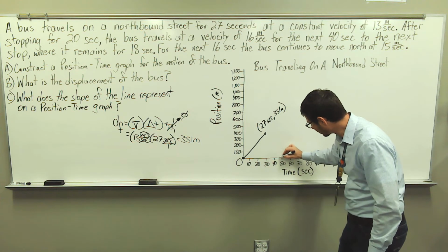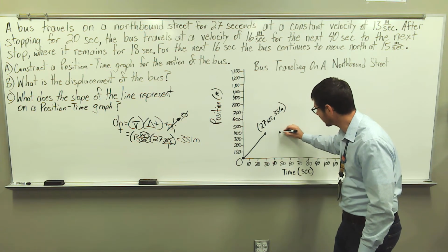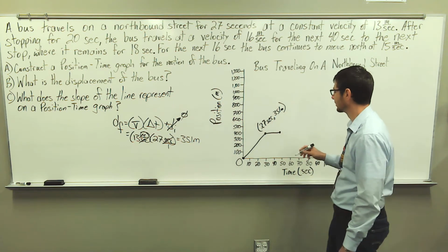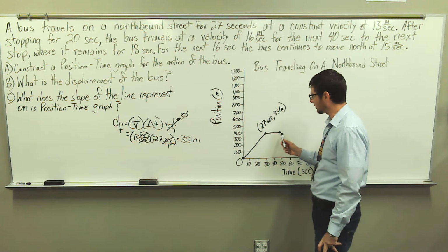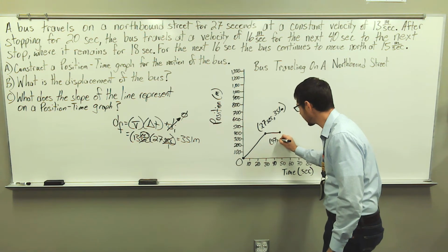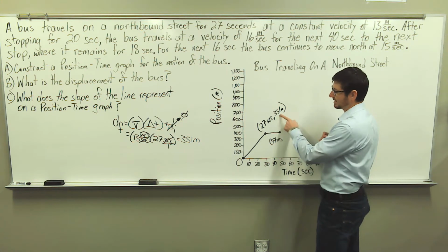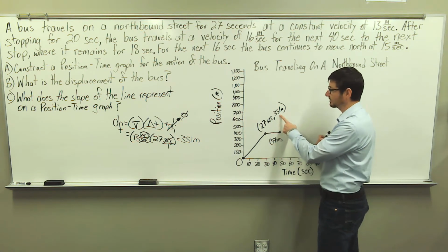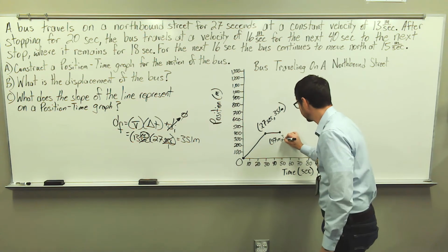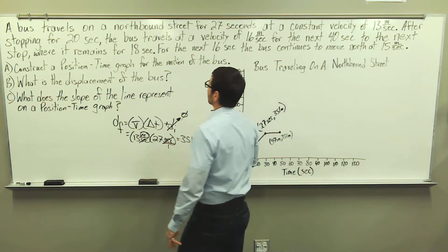Our next ordered pair will be 47 seconds, 351 meters. Let me write this down: at 47 seconds, we are still at a position of 351 meters with respect to the origin.